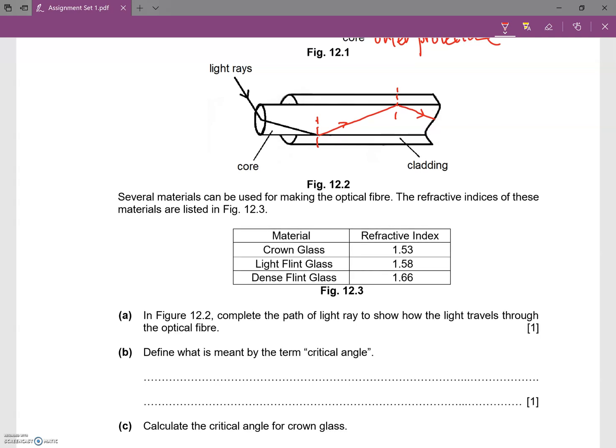Now, part B: define what is meant by the term critical angle. You can find this definition in your textbook, but I'm just going to write down the textbook definition.